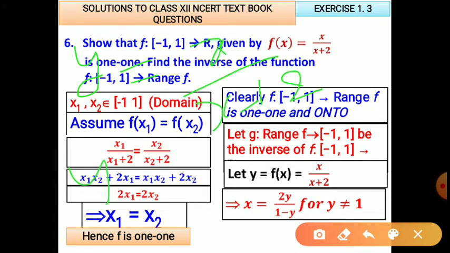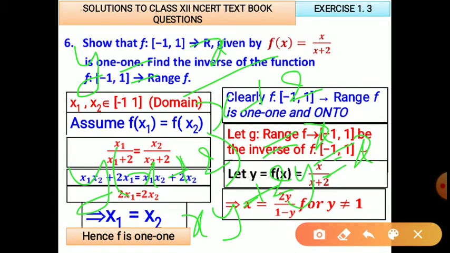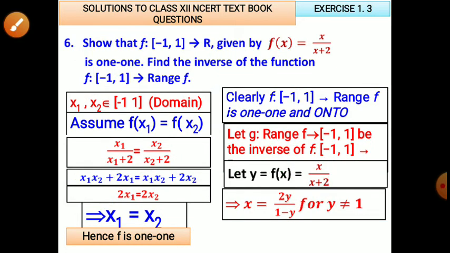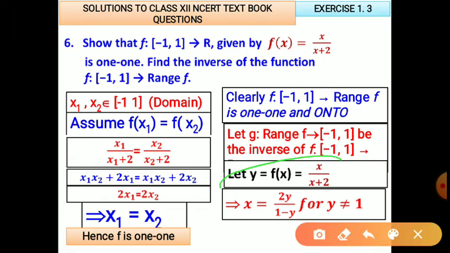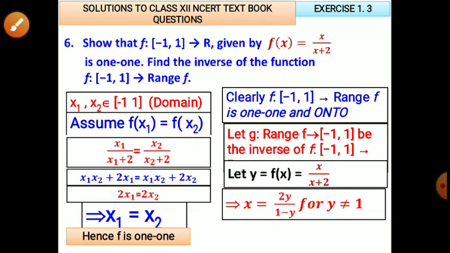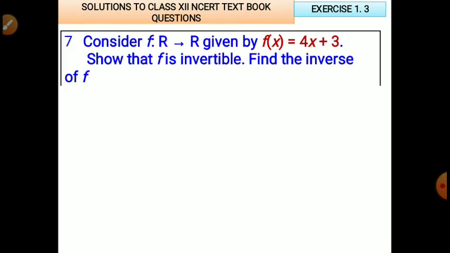Multiply by x plus 2, so y into x plus 2 is equal to x, that is xy plus 2y is equal to x. Do this in your notebook also. Take all the x's together on one side. On simplification you get the required x value as 2y by 1 minus y, where y is not equal to 1. This itself is the inverse of the function, g of y, which you can consider as 2y by 1 minus y. So this is a way to find the inverse of the function.